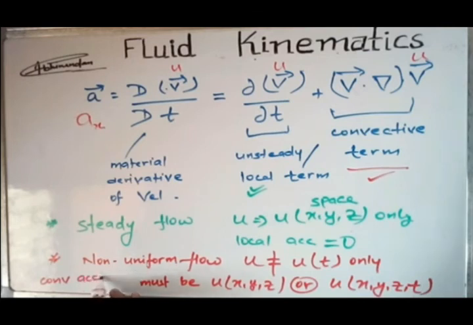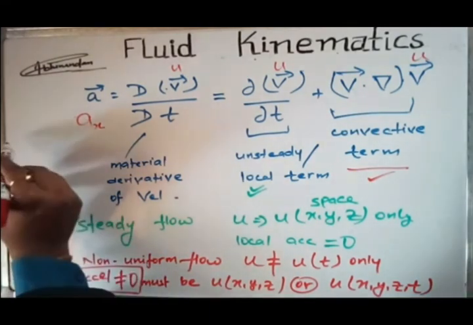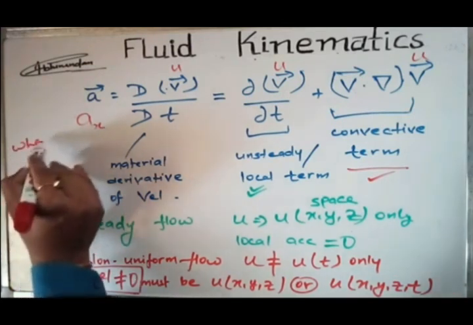So as per this question, we have a convective term which is non-zero. So our flow is non-uniform flow. So the convective term is not equal to 0 here, as per the condition given in the question.